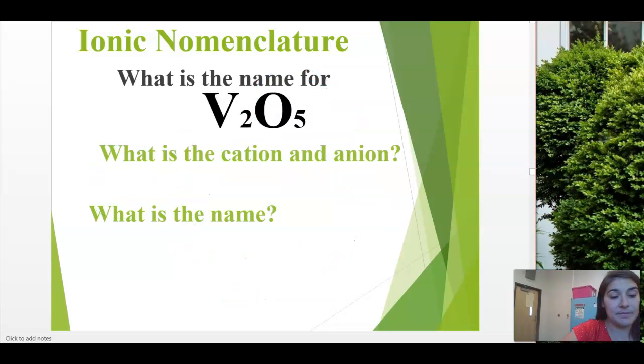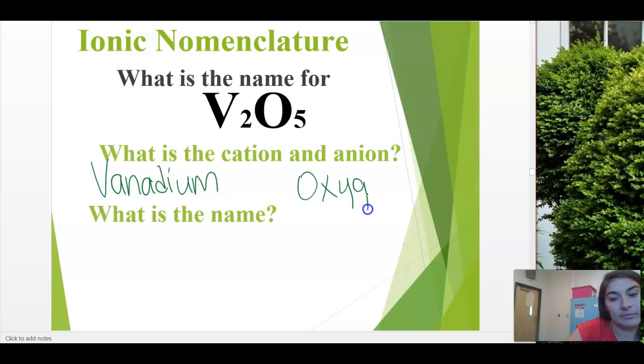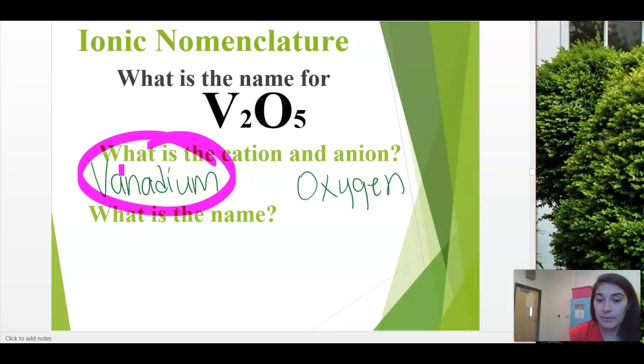Here's a big one. Okay, so V is vanadium, and O is oxygen. Again, transition metal, we're including that charge. V2 tells me I have 2 vanadiums, so I call it X because I don't know its charge.